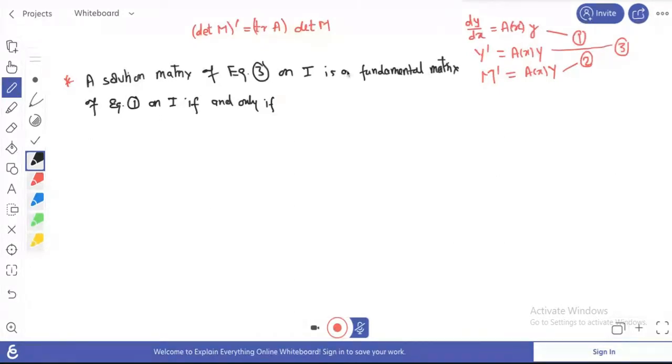Okay, so if and only if the determinant of this fundamental matrix is non-singular for x belonging to that given interval I. Okay, so the proof of this remark is very simple.